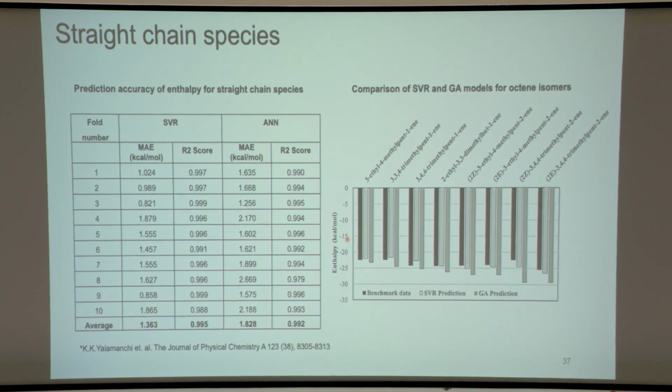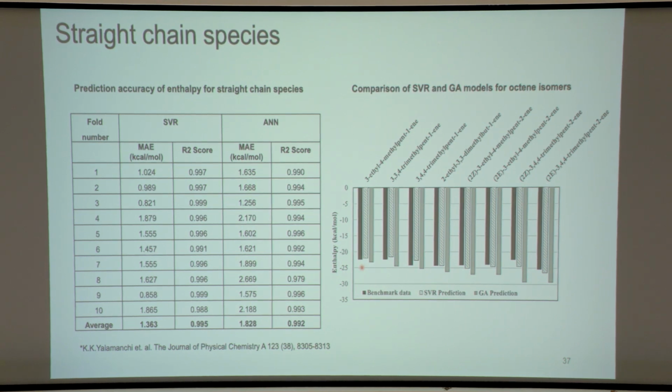So for simple straight chain species, and here I'm showing different highly branched molecules with double bonds, we compare neural networks and support vector regression models against, the important thing, group additivity, yeah? That's shown here in the gray. We have benchmark data for all of these from quantum chemistry.